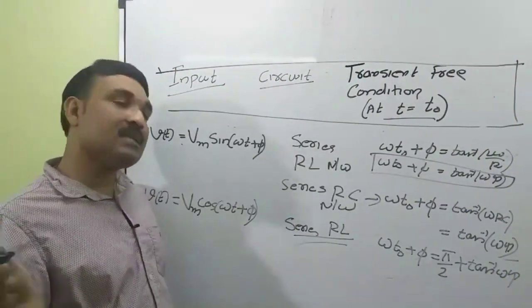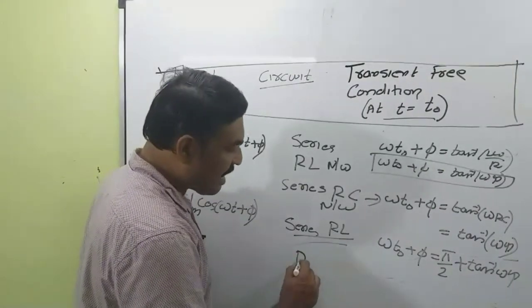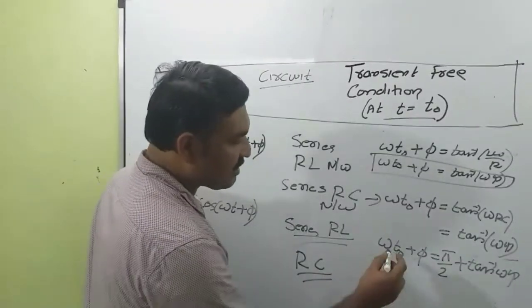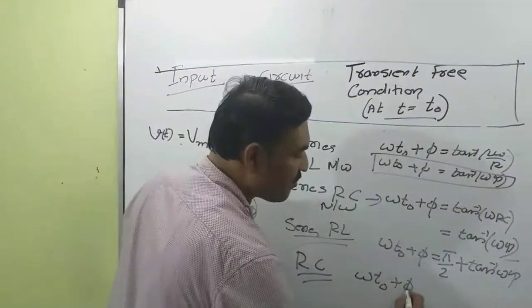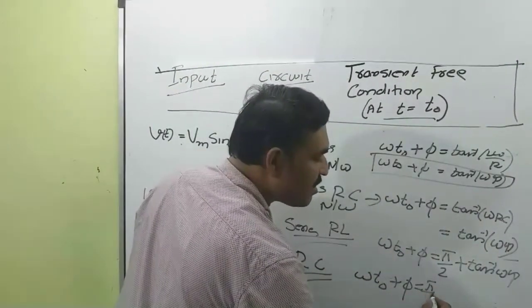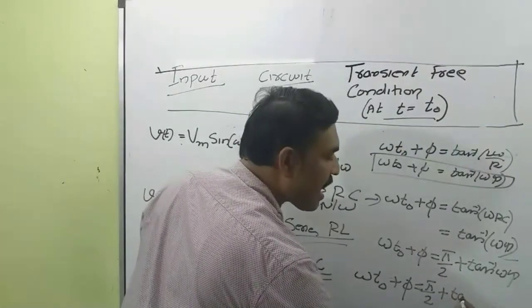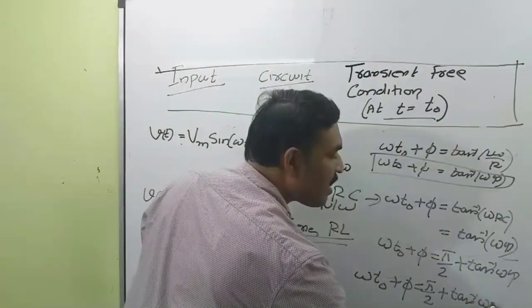And for a series RC network, the condition for transient free is omega t0 plus phi is equal to pi by 2 plus tan inverse omega tau.